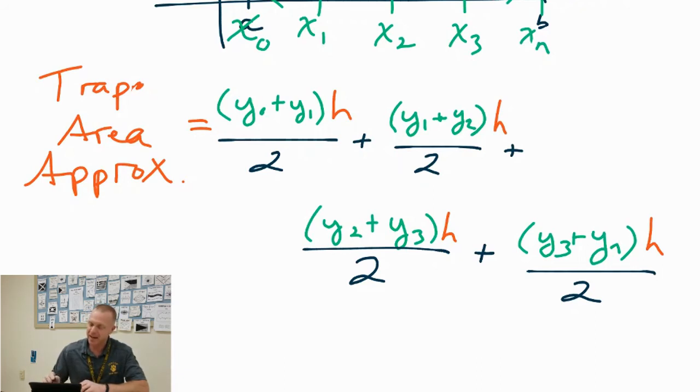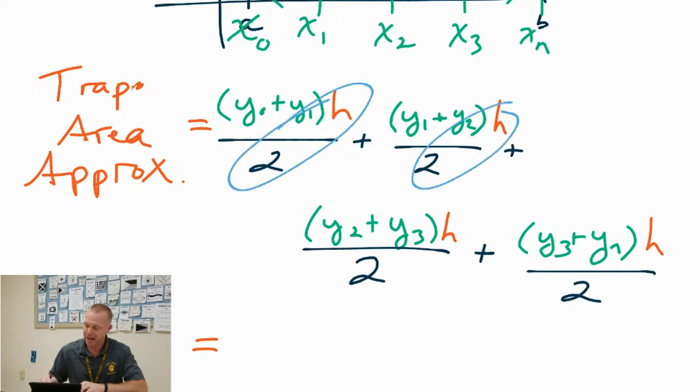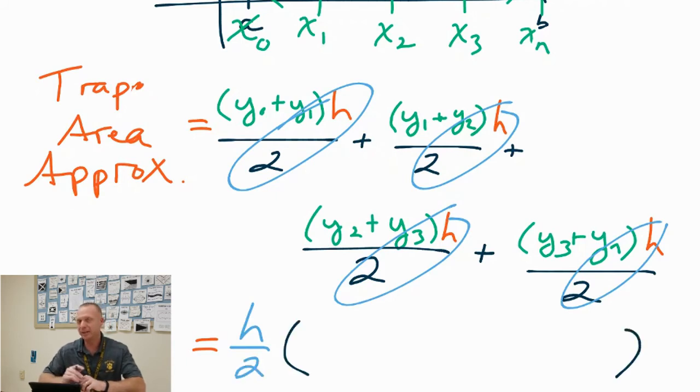Now, if you take what has been written here, you can definitely condense it. You can simplify it. You can write it more simply. First of all, every one of these fractions has an h over 2. So I'm going to factor that h over 2 out of every one of these. Now the funny thing is, all that leaves you with is a bunch of y values that are conveniently being added together. Where have you heard that before?